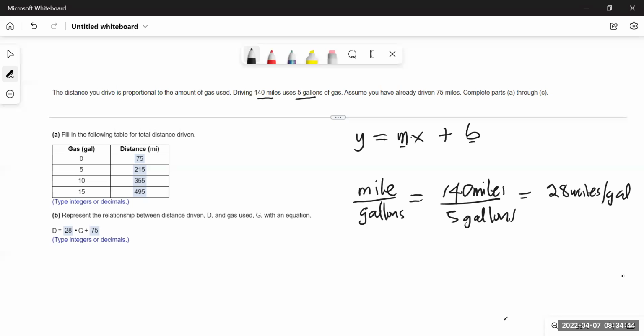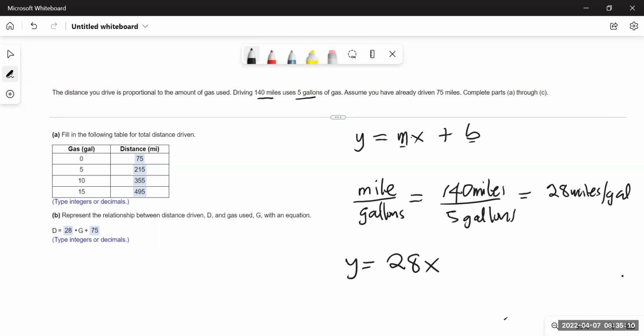So your vehicle consumes 1 gallon of gas for every 28 miles that you drive. Is that okay? So that's the rate at which you are exhausting the gallons of gas in your car. That becomes your m. So your y is equal to 28x.